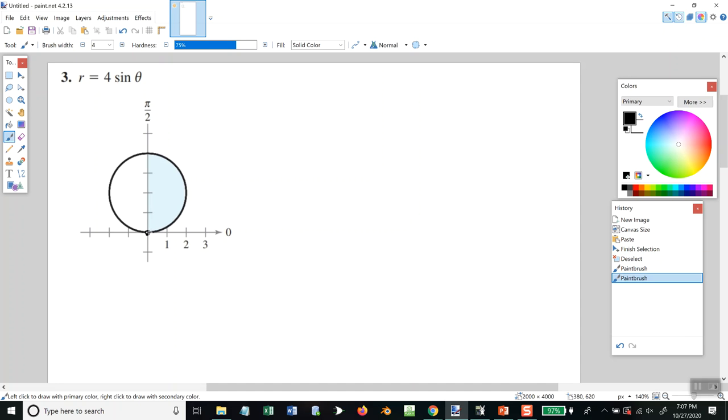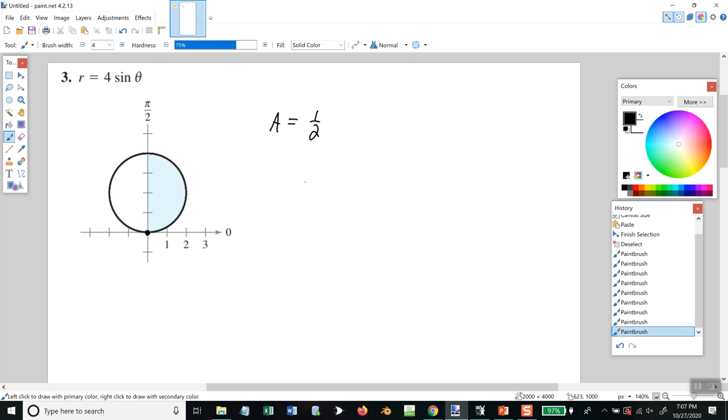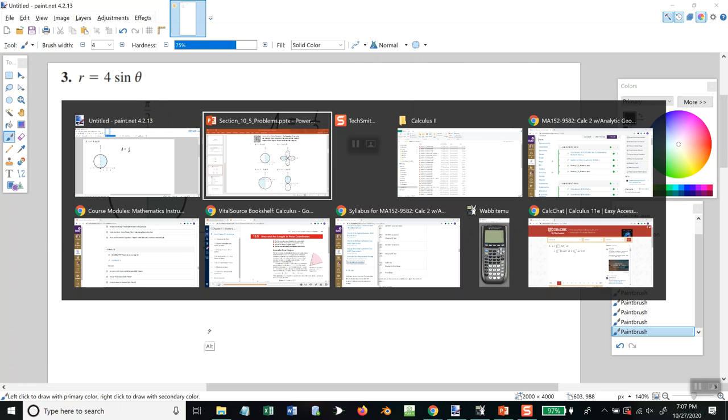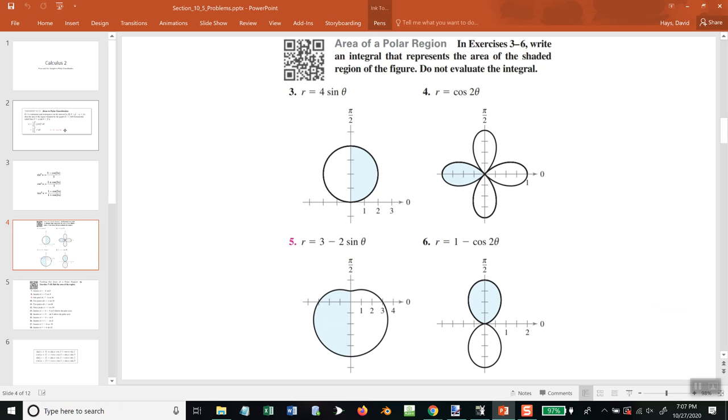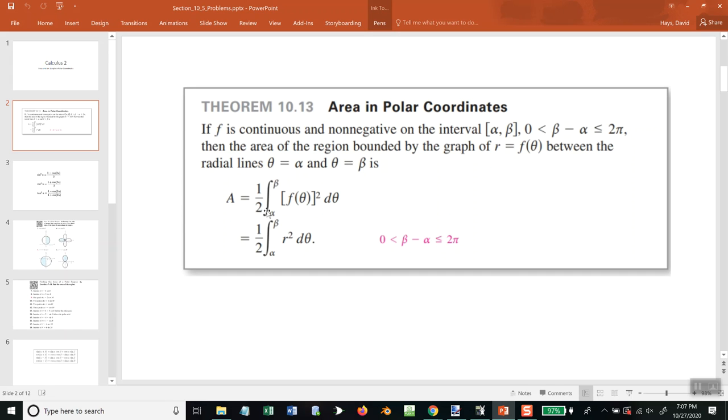Now, if you look at right here, our formula is A is equal to 1/2 the integral, going off this formula right here, and then you have your bounds, and then you have your function squared.